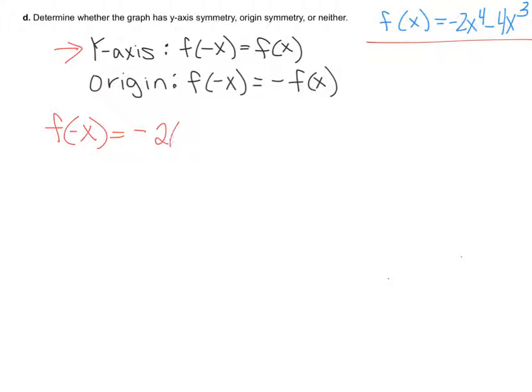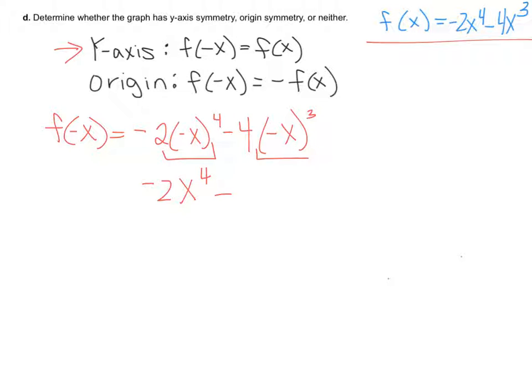So we have negative 2 times negative x to the fourth power minus 4 times negative x cubed. Negative x to the fourth power is a positive x to the fourth power. That's because a negative raised to an even power is always positive.